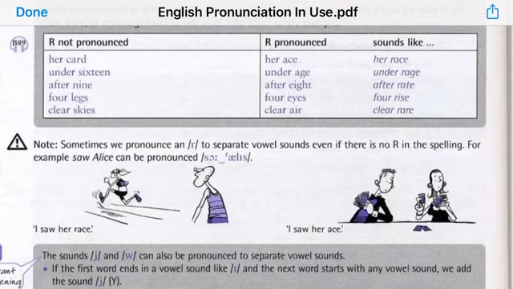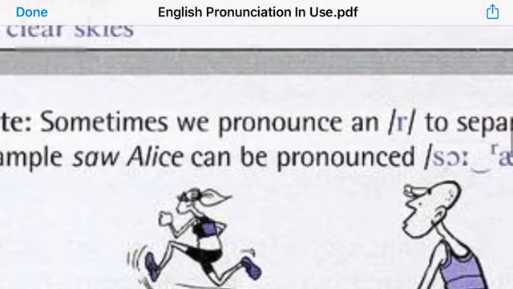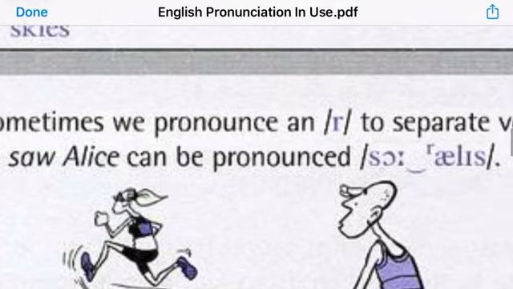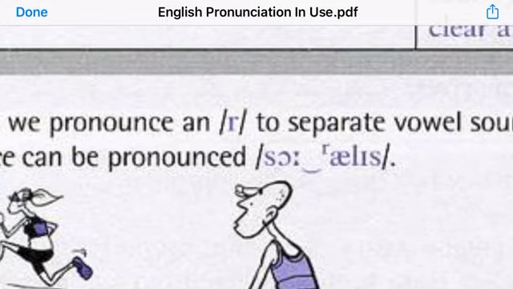So for example, look at this expression: "so Alice." In fast speech, we insert an R sound between the O and A of Alice. So it would be pronounced as "so Ralice."